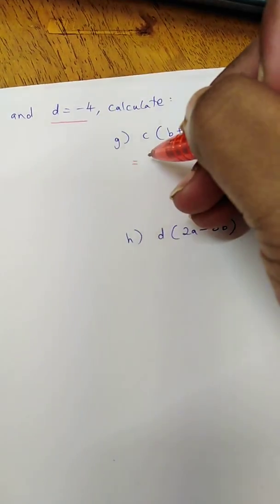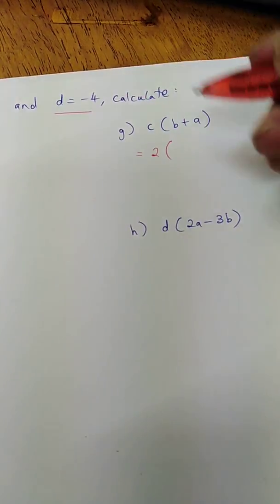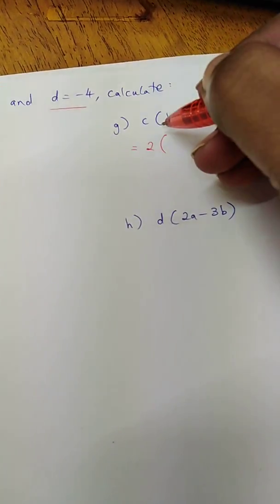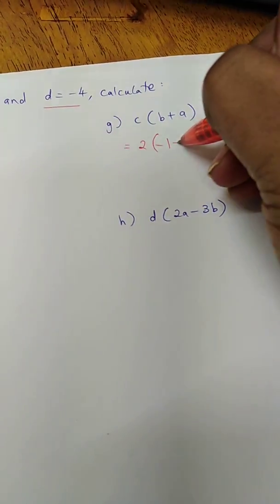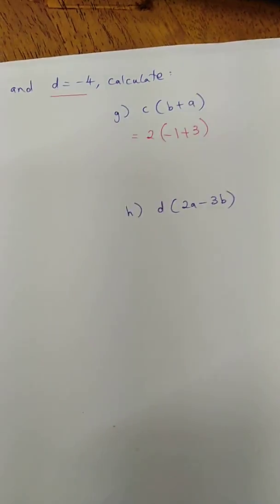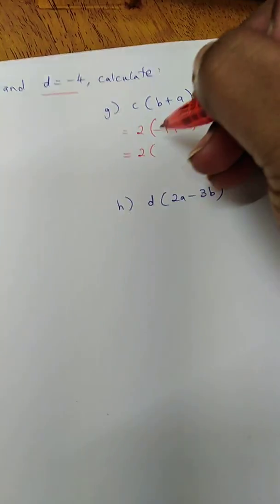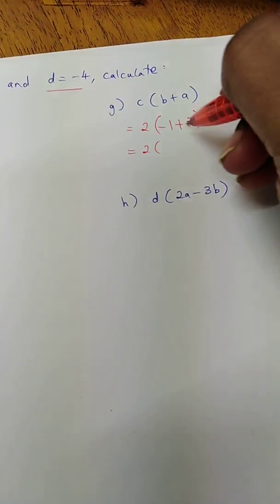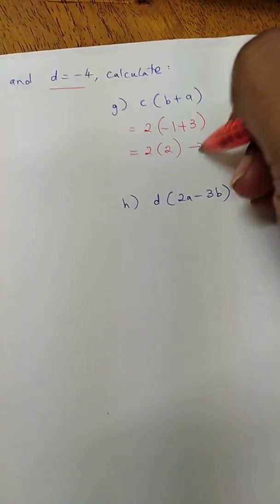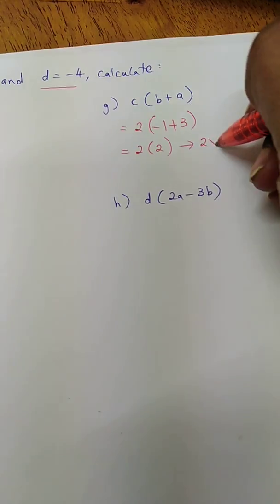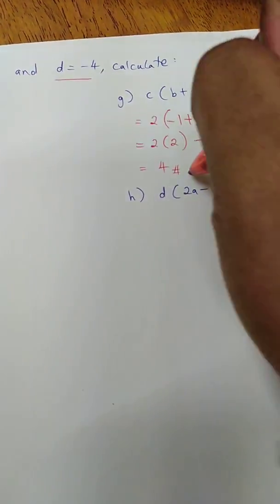So C represents 2, put in bracket. Just fill up the numbers first. B is negative 1 plus A, so A is positive 3. Then you solve. Negative 1 plus 3 is 2. Remember, when you have brackets, it means 2 times 2. So your answer is 4.